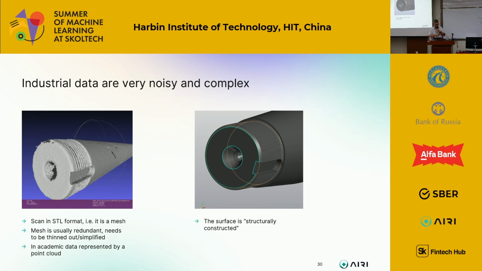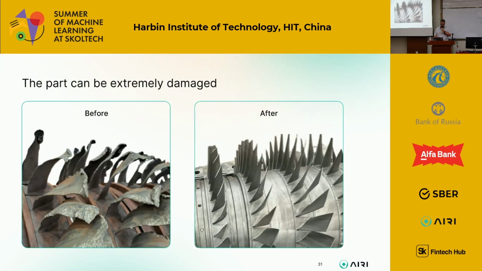And finally, we see that the surface is quite structurally constructed in comparison with the point cloud that we receive on the left. So on the left, there is a point cloud that is received for quite general elements in different devices. At the same time, in real life, we can receive elements like this, as shown on the left.